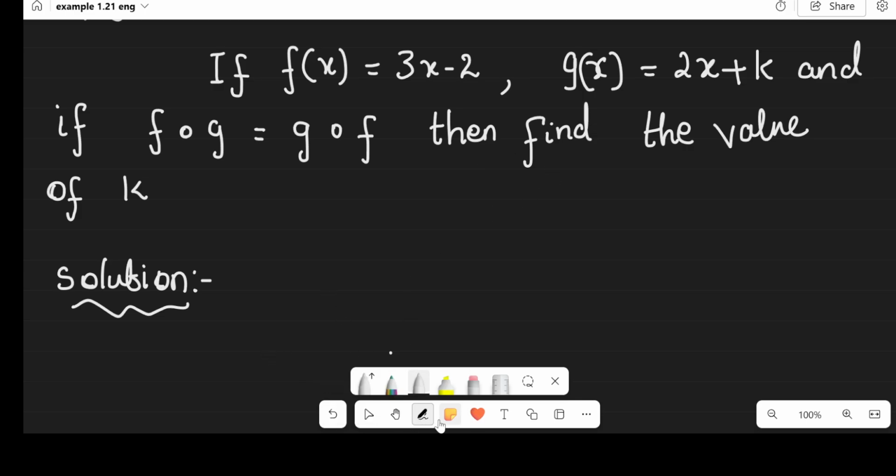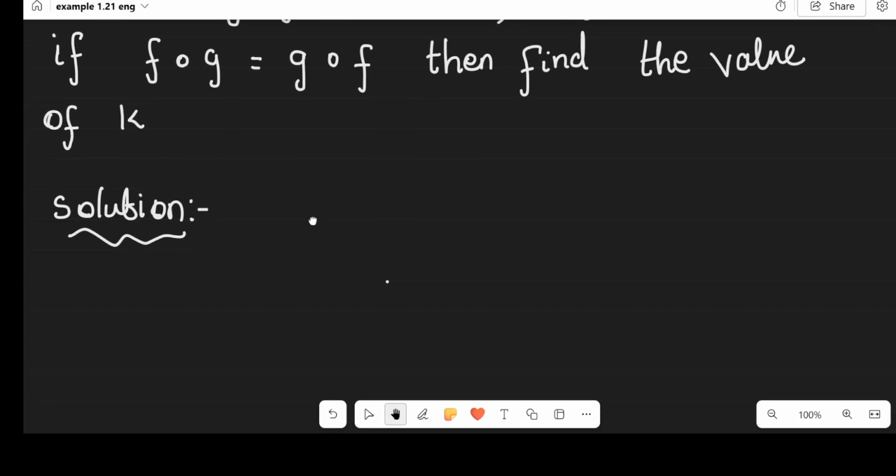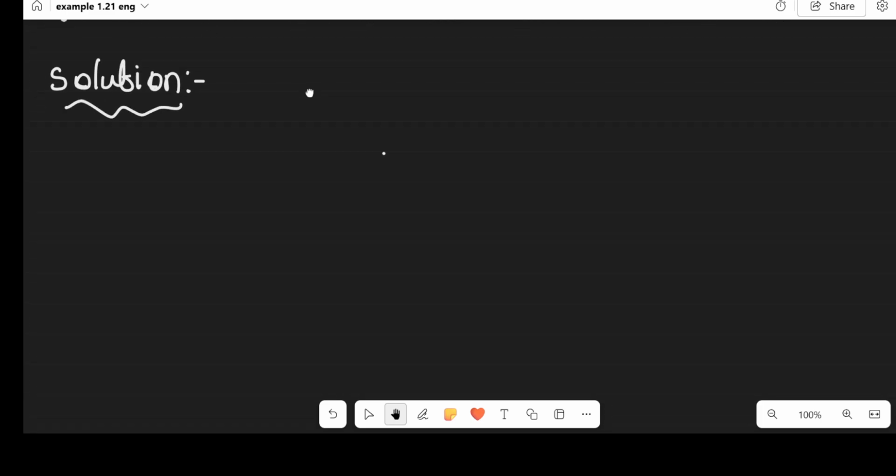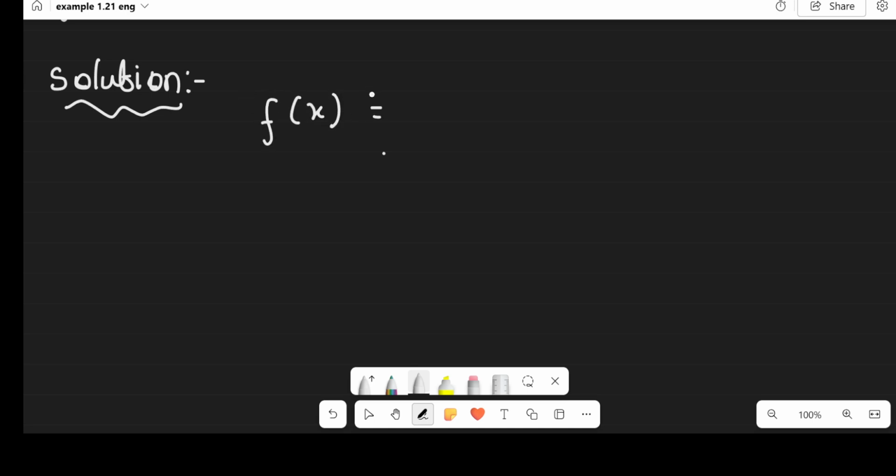First, we have to write the given information. What is given in the question? f of x is given and g of x is given. So we should write the given data first. f of x equals 3x minus 2 and g of x equals 2x plus k.